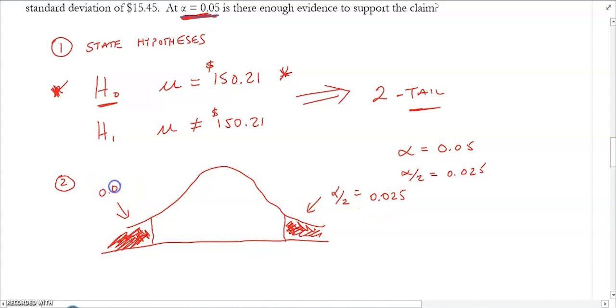So keeping that in mind, we're going to find the values for Z when our area in the tail is 0.025. Well, if the area in the tail is 0.025, that would mean the area from here to here is 0.475. And I'll put a 0 there as well, and likewise here.